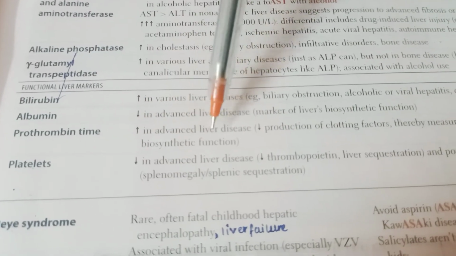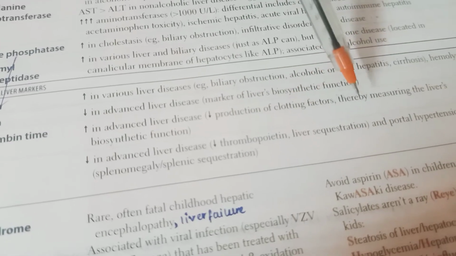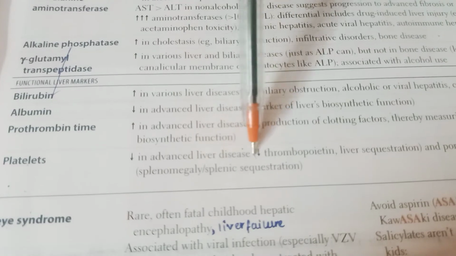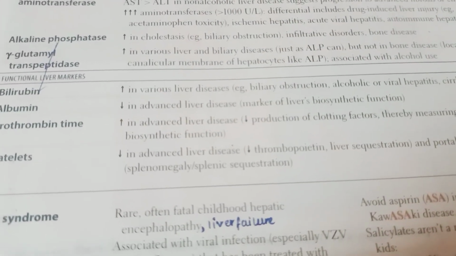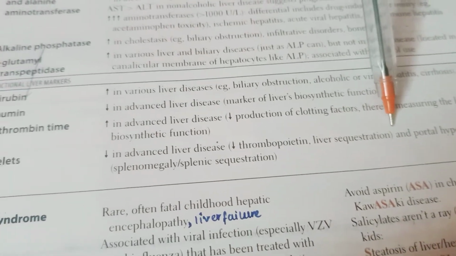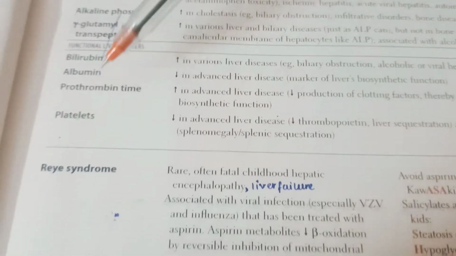Next, prothrombin time is increased in advanced liver disease because of decreased clotting factors, thereby measuring the liver's biosynthetic function. Next, platelets are decreased in advanced liver disease because of decreased thrombopoietin, liver sequestration, and portal hypertension, leading to splenomegaly and splenic sequestration, so decreased platelets.